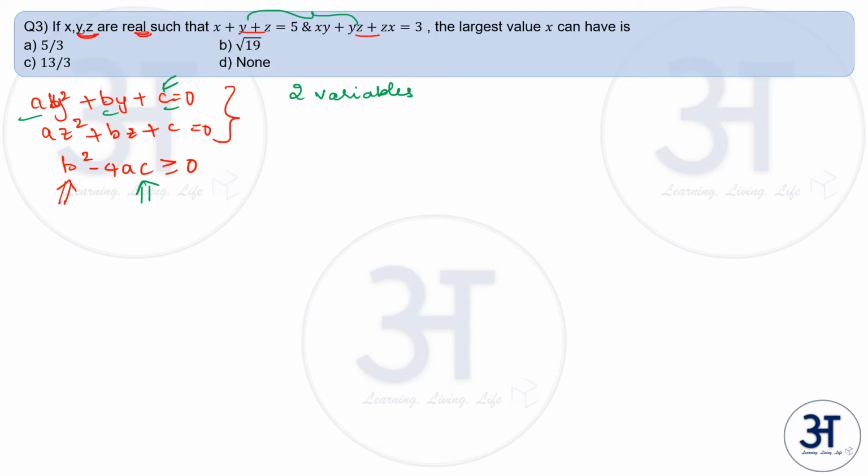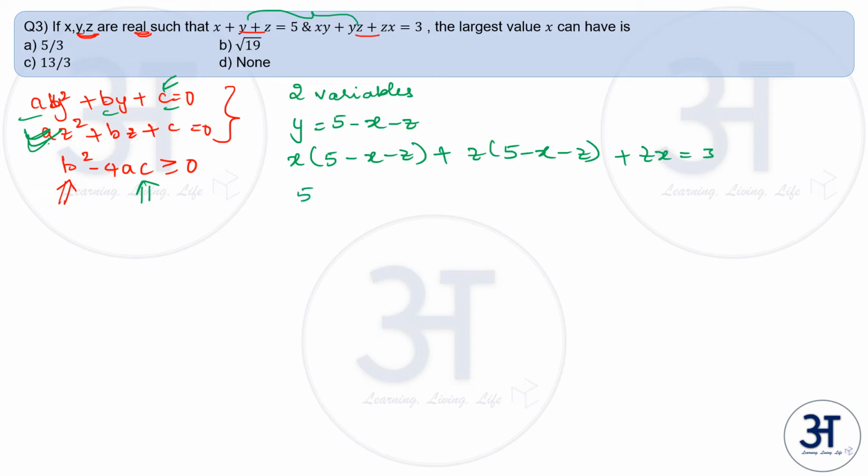So I will be trying to get this type of quadratic equation, az square plus bz plus c equal to 0. For that, my first equation I will write as y equal to 5 minus x minus z, and I will substitute this in equation 2. That gives me x into 5 minus x minus z plus z into 5 minus x minus z plus zx equal to 3.